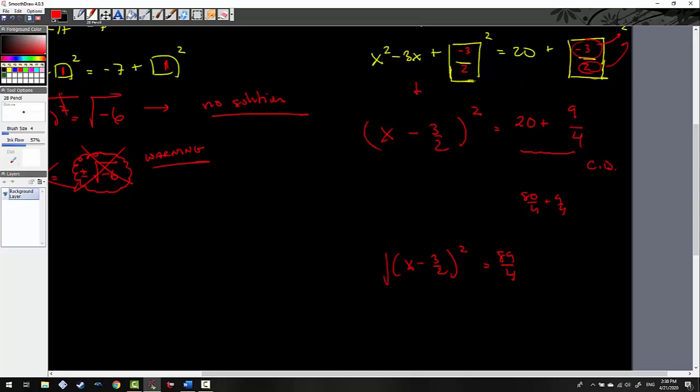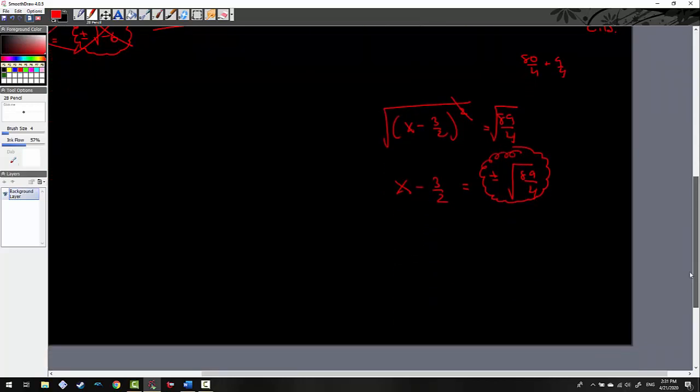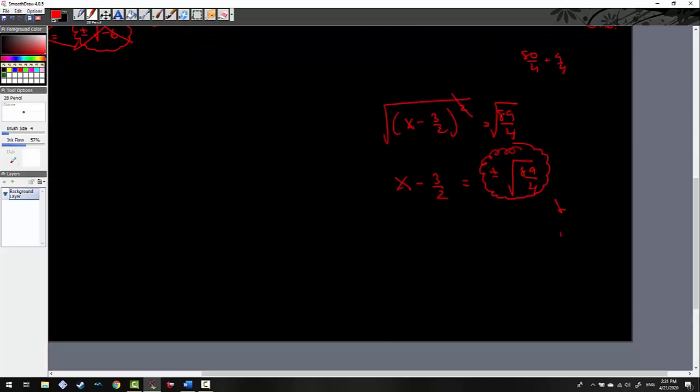And from here it's all downhill. I'm just going to go and square root both sides here. So I get x minus 3 over 2 is equal to plus or minus root 89, whoops, not 81, 89 over 4. Now this expression right here can actually be simplified a little bit, because the square root of 89 over 4 is equal to the square root of 89 over the square root of 4.